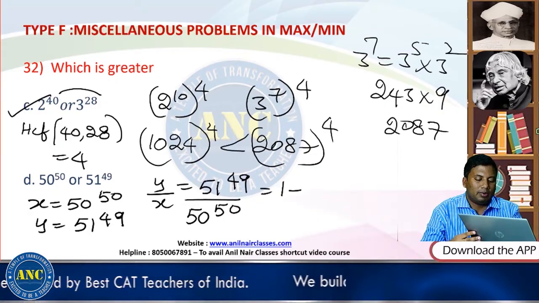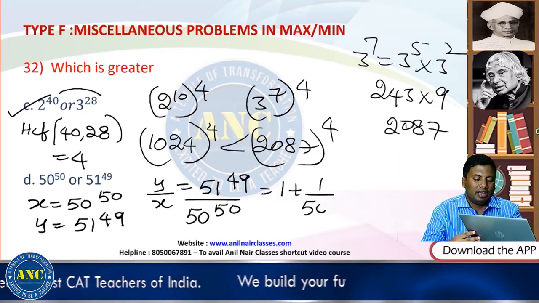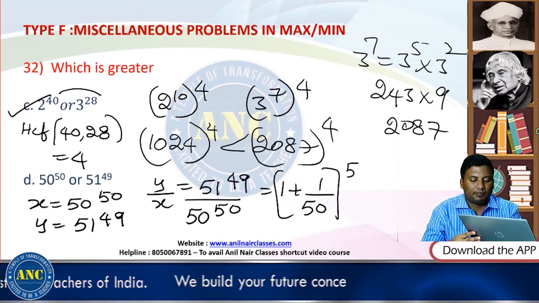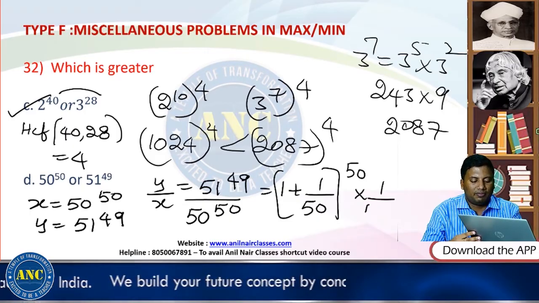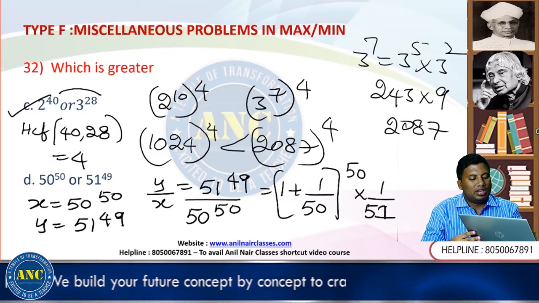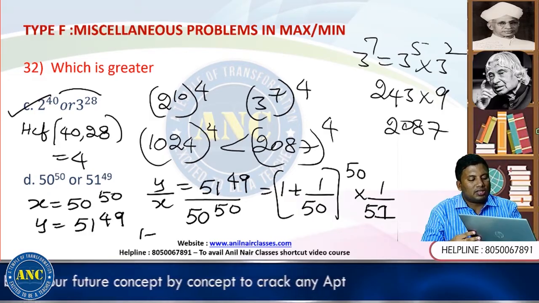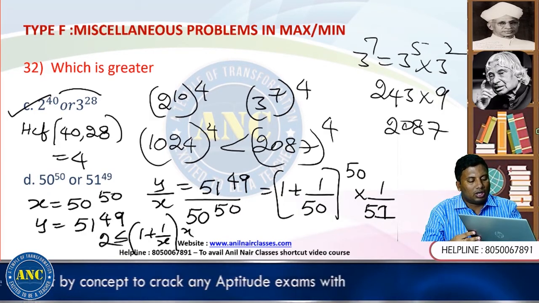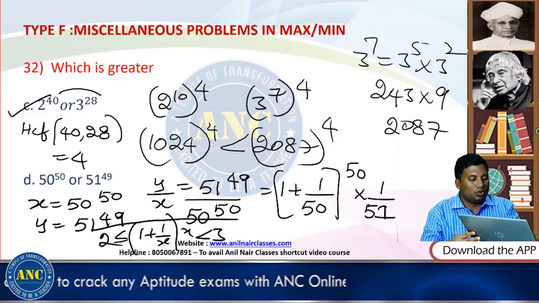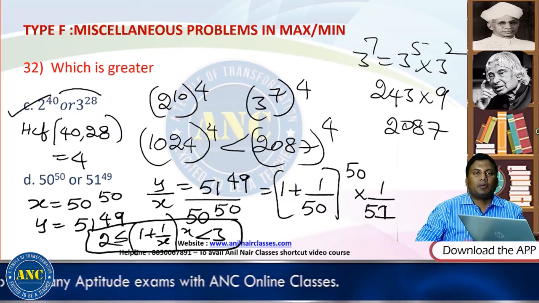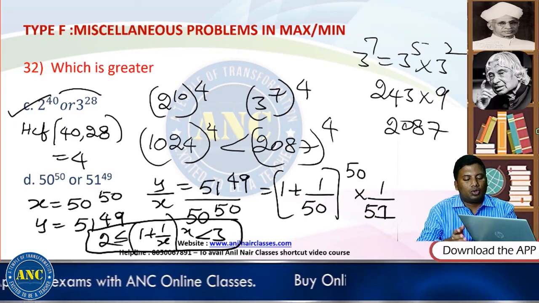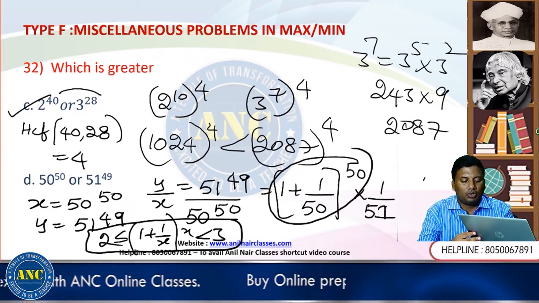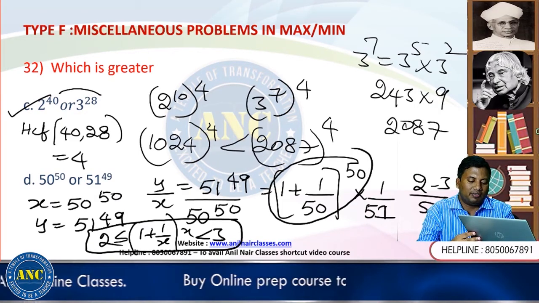This is nothing but 1 plus 1 by 50, power 50, into 1 by 51. There is one concept: 1 plus 1 by x power x always lies from 2 to 3. This lies from 2 to 3, divided by 51.